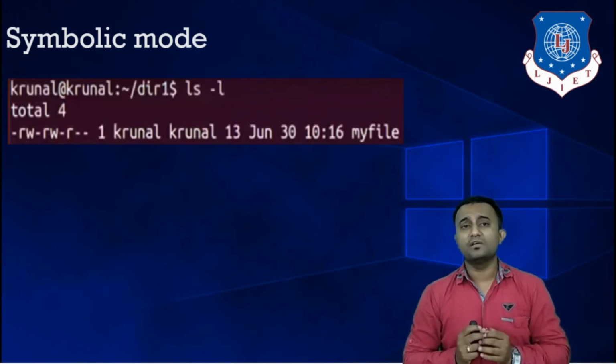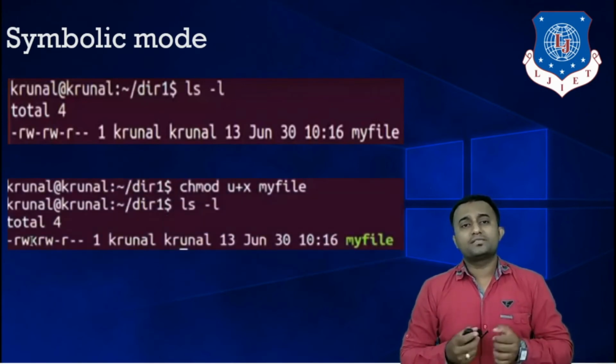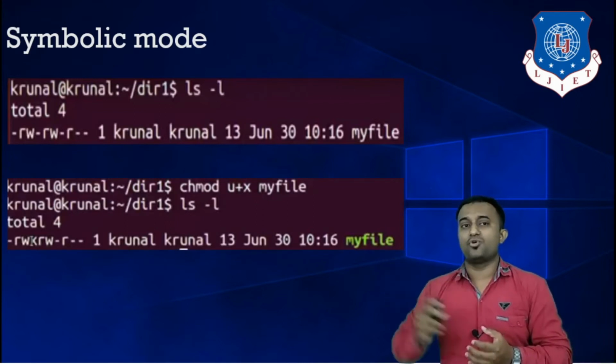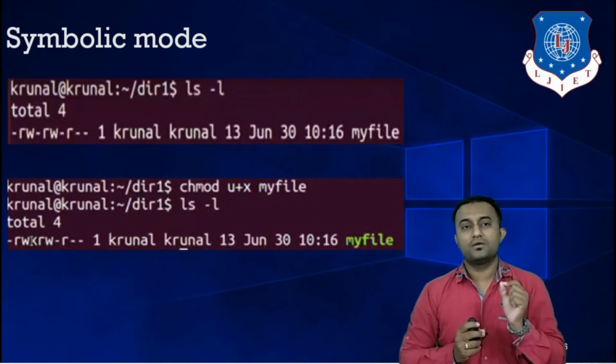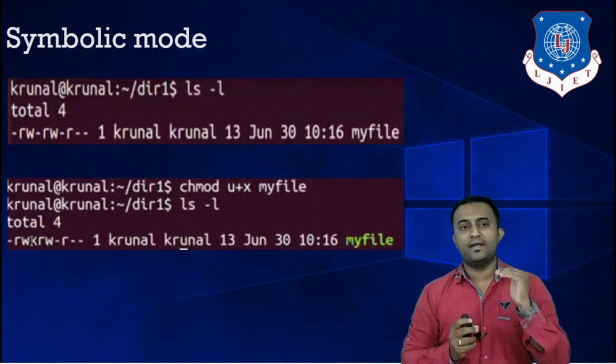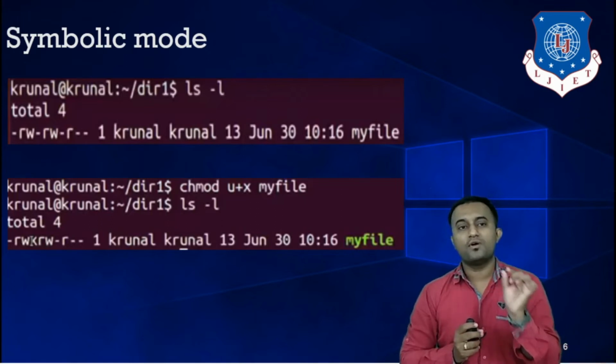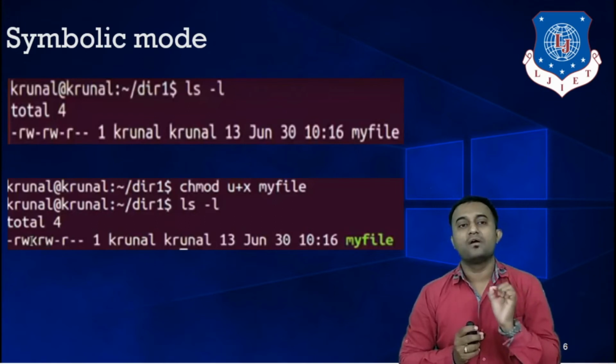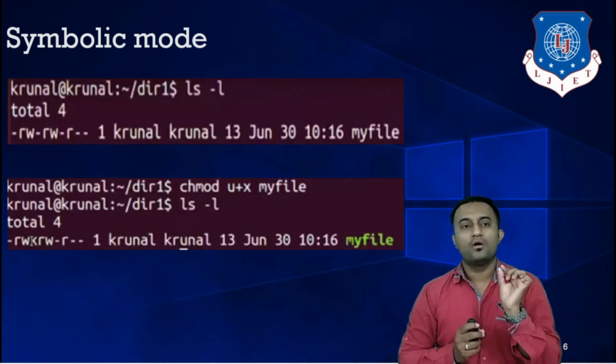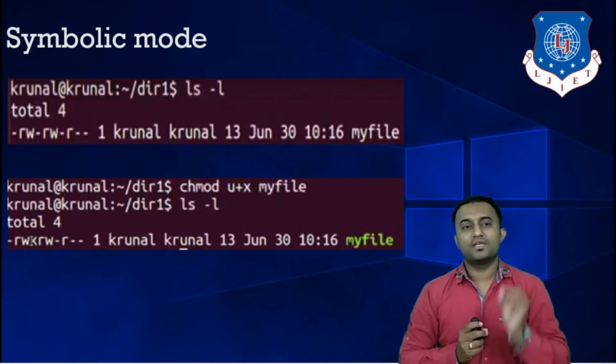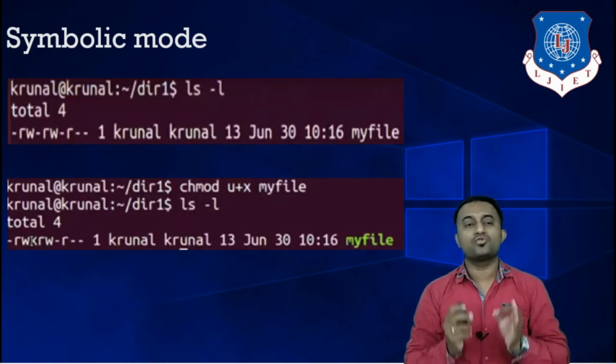Now, suppose you can observe the first snapshot. After total 4, in the second row of the output, the first character is displayed as a hyphen. When you find a hyphen in the first letter, or you can say the beginning letter, it means this is an ordinary, normal Unix file.